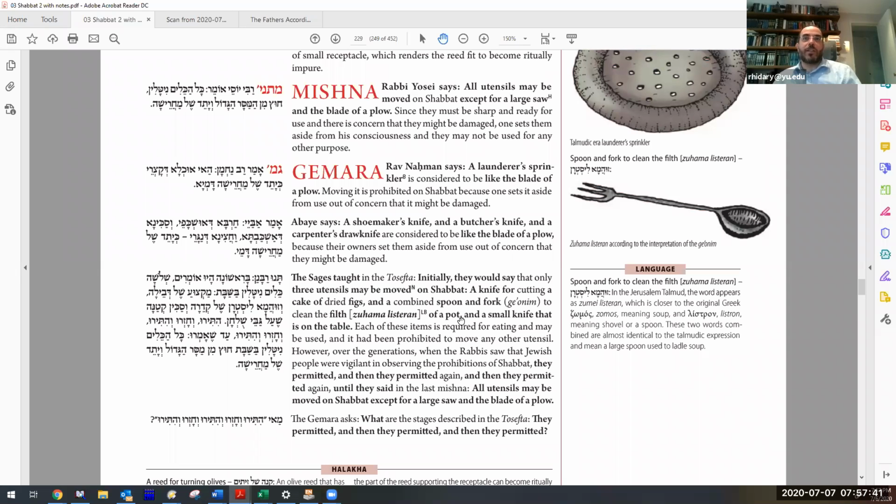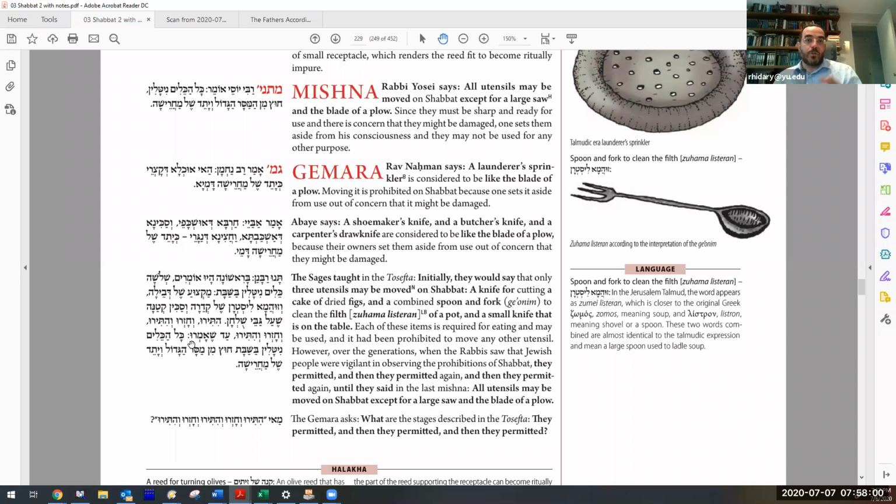So a ladle, you kind of need that for eating on Shabbat, and a small table knife. Those are 3 essential items. Those are the only things that, in the original halakha, you can use on Shabbat. The only things, everything else is mukseh. However, that made life very difficult.